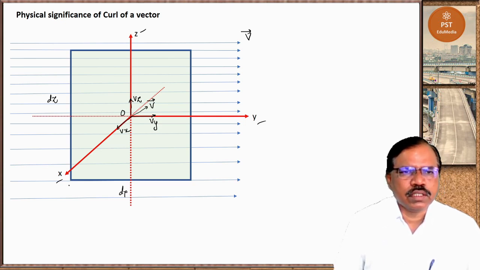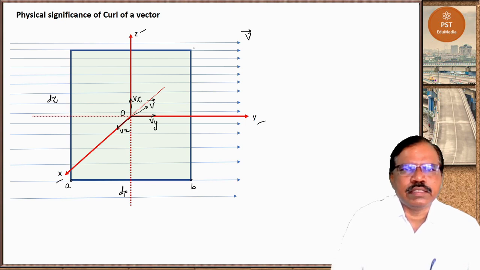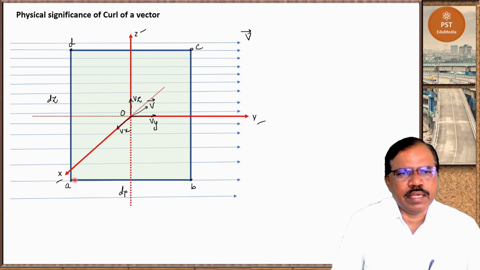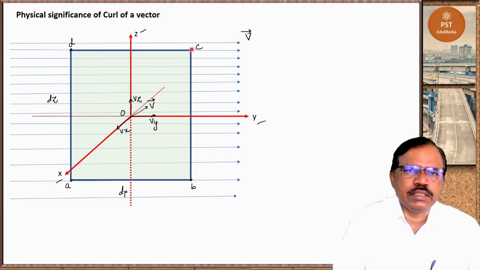Suppose this point is A, this point is B, this point is C, this point is D. We are going along the closed path: we start from A, go to B, then B to C, C to D, and D to A.